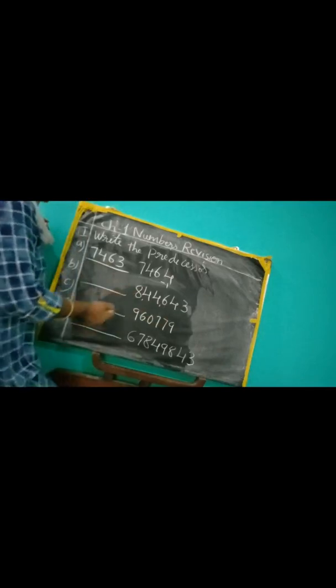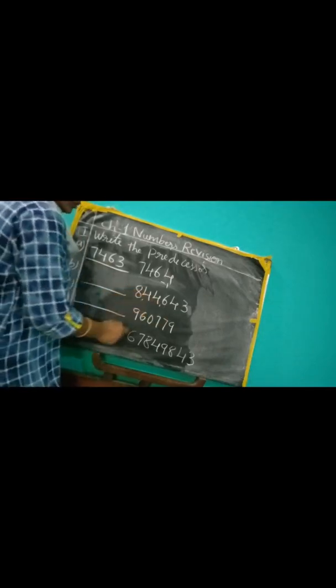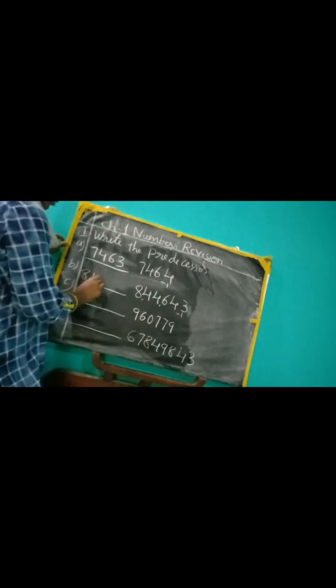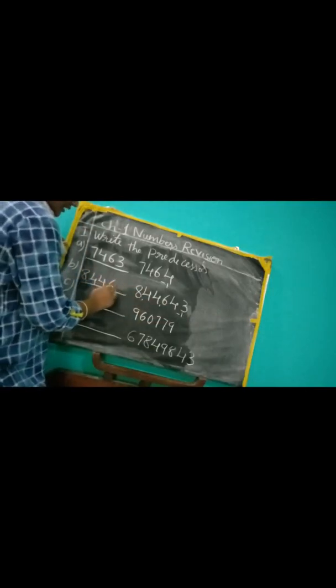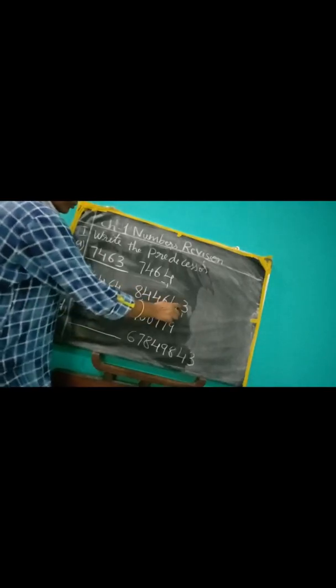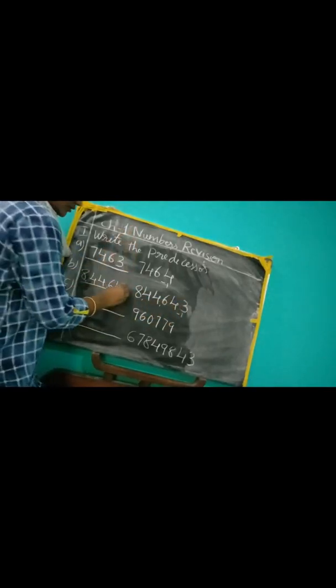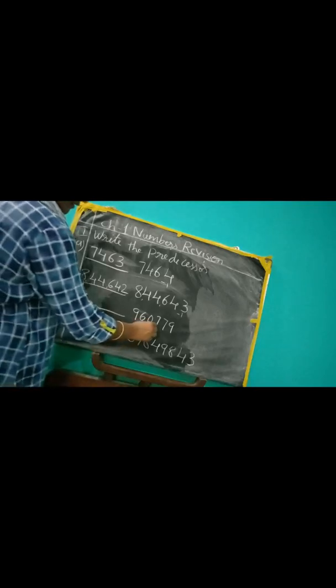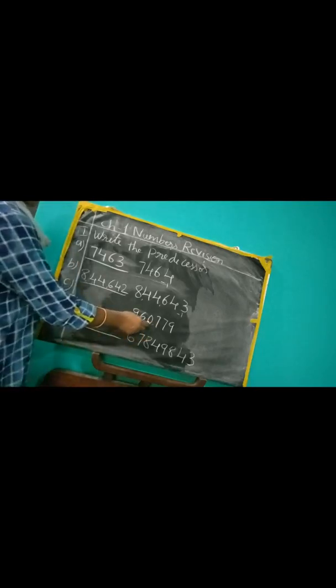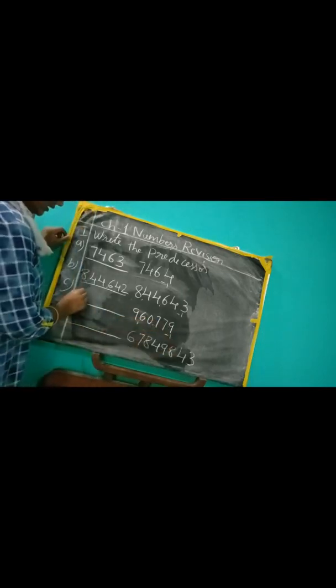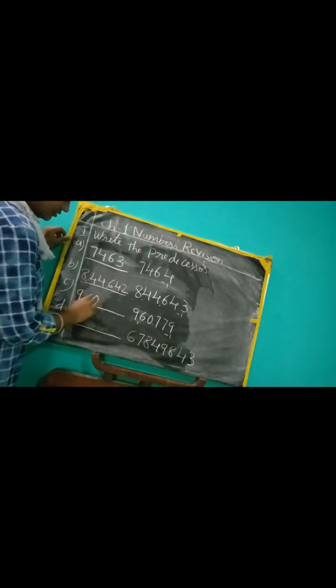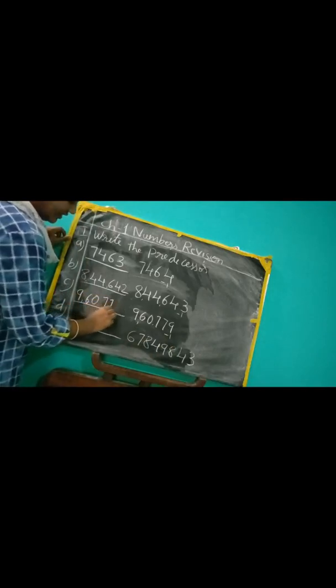Okay. Next one also the same. What is the number here? 8,44,643. In this you should do minus 1: 8,44,642. In the 3, 1 should be subtracted, giving 2. Understood? Again, here 9,60,779 minus 1 is 9,60,778. 9 minus 1 is 8.